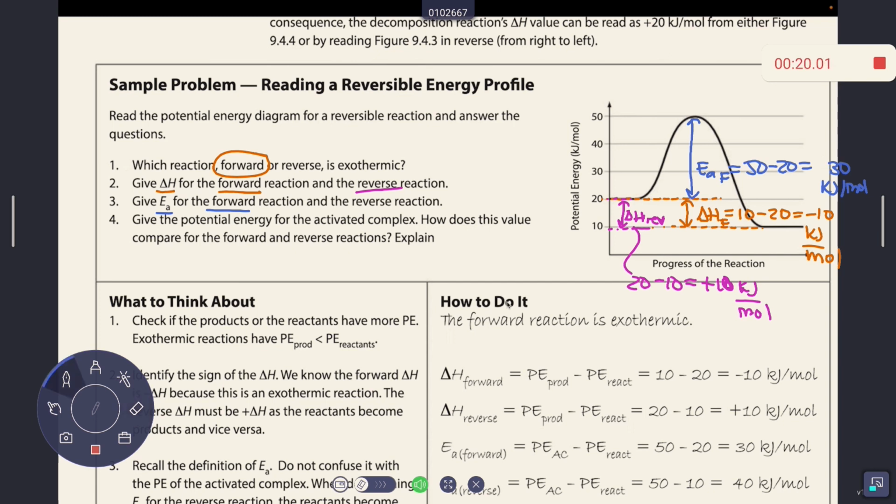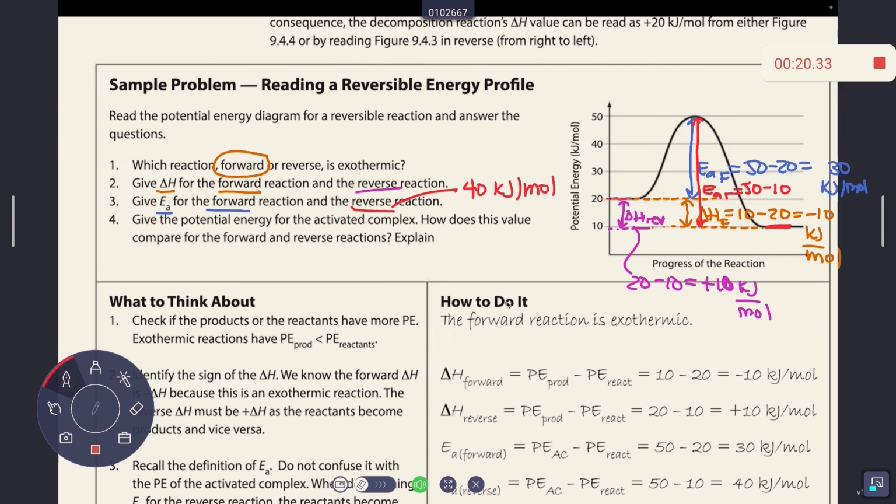Now let's do the reverse reaction in red. 50 minus 10, from the peak down to here, since these would be the reactants for your reverse reaction. So this is going to be 40 kilojoules per mole.